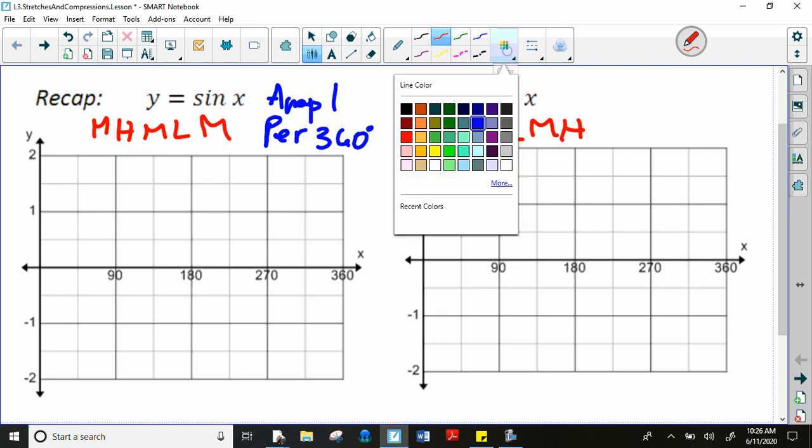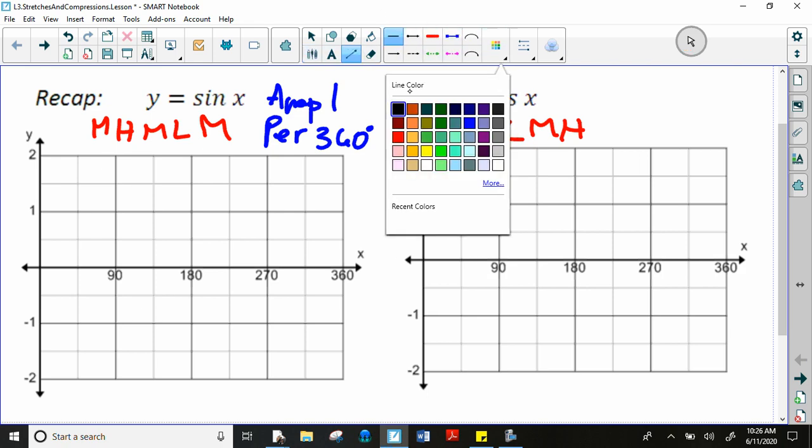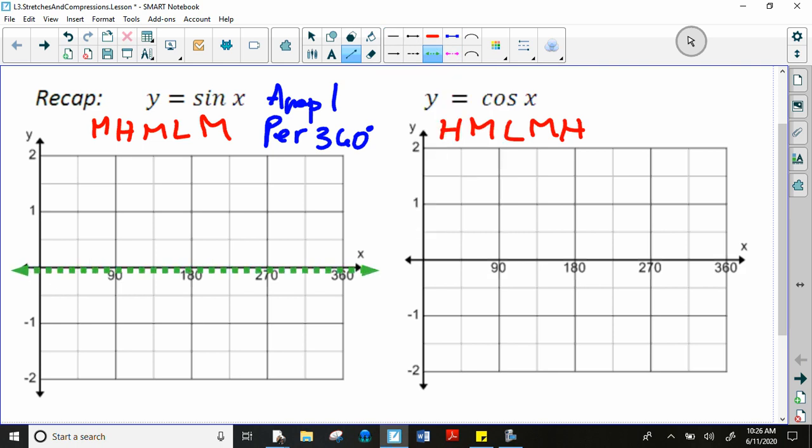So, things I like to throw on here: the amp line, because these are the base graphs, the equation of the axis happens along the x-axis. Then I'm going to throw my points on here. Origin, middle, up to 1, high, 180, middle, 270, low, 360, middle.